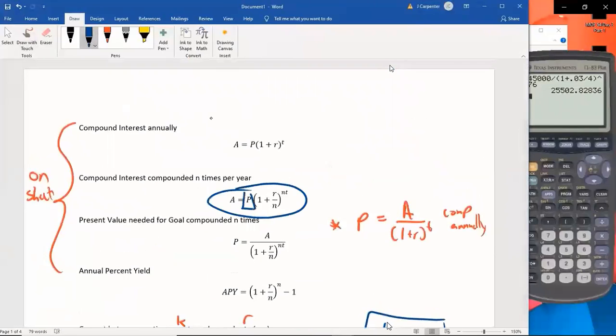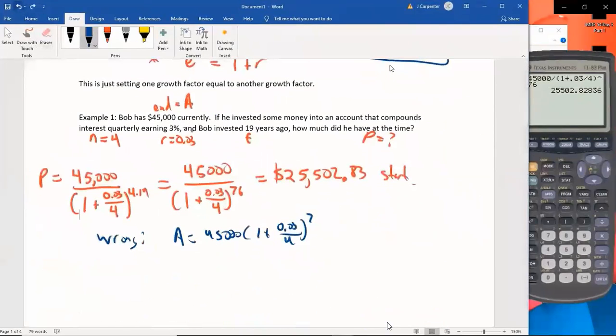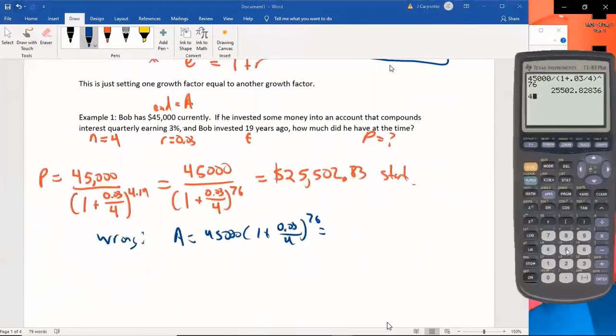But again, what I've done wrong here is that's a starting value, but it's really supposed to be the ending value. So if you type this out, let's see what happens. 45 grand. So the true nature of the blue one is this is 45,000 invested for 19 years at 3% quarterly. So again, this answer is wrong for the context of the problem. I'm just showing you how I can tell it's wrong.